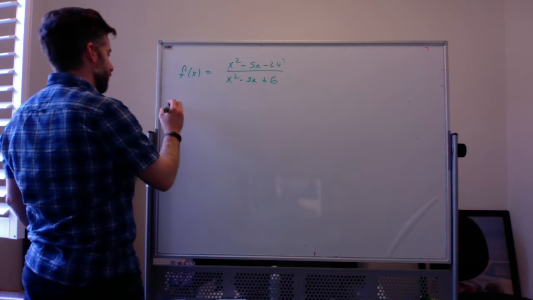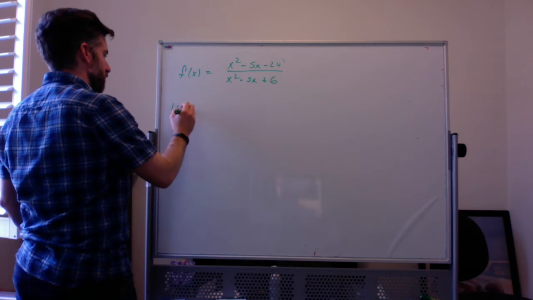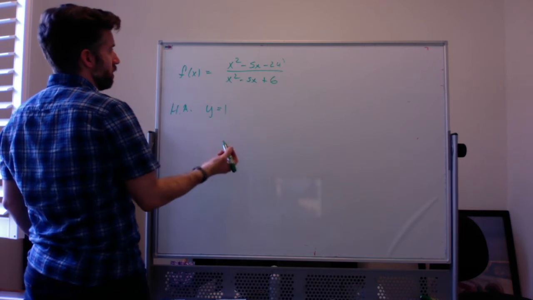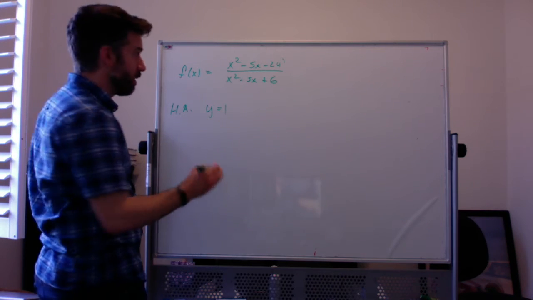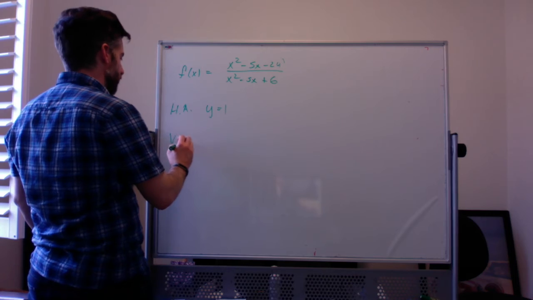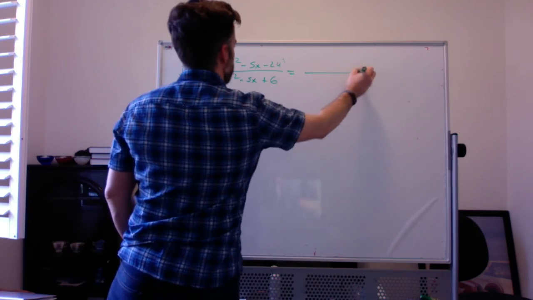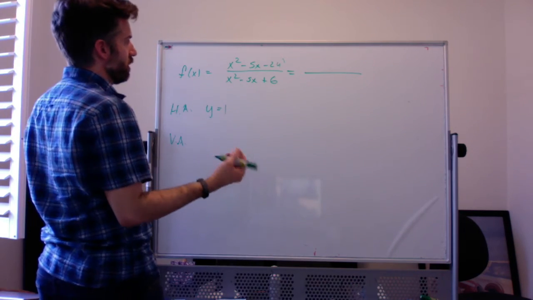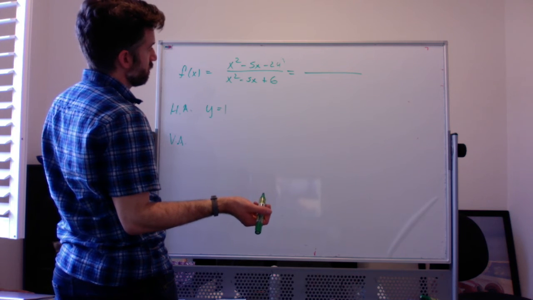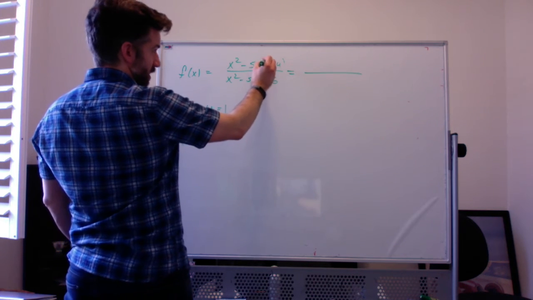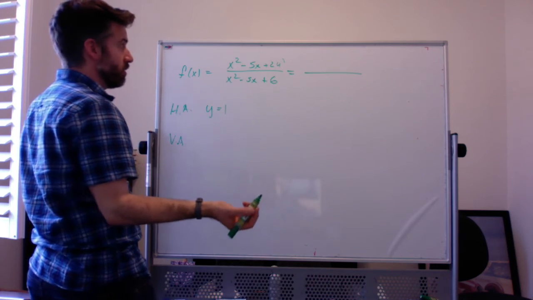Again, we'd have a horizontal asymptote, y equal to 1, because the degrees are the same and the quotient of leading coefficients is 1 over 1, which is 1. Let's make sure I've done this right. Actually, I want to make this a plus 24, which doesn't change the horizontal asymptote.